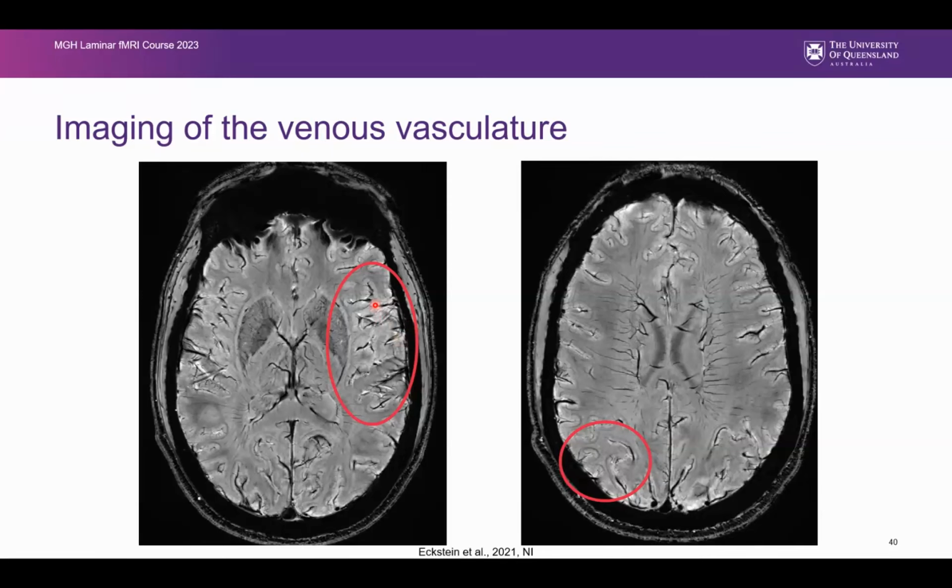The other problem is your CSF is black and your veins are black. So all the veins on the surface of the brain are black on black, and you don't see them at all. I would not recommend using SWI if you want to image your veins.